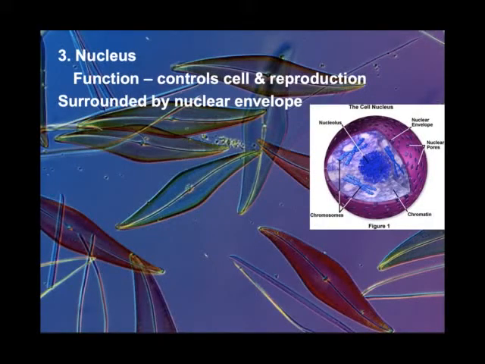It's surrounded by another membrane system called the nuclear envelope. The nuclear envelope has little holes in it, called nuclear pores. The nuclear envelope is actually made of 2 phospholipid bilayers, so 4 layers here. You have one phospholipid bilayer and then another one right on top of it.